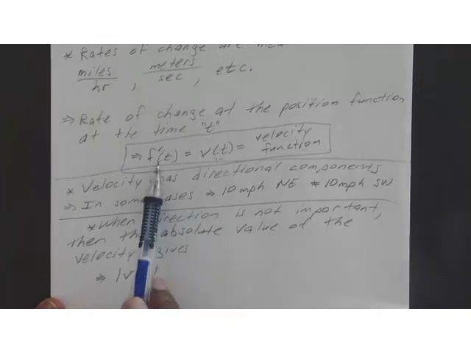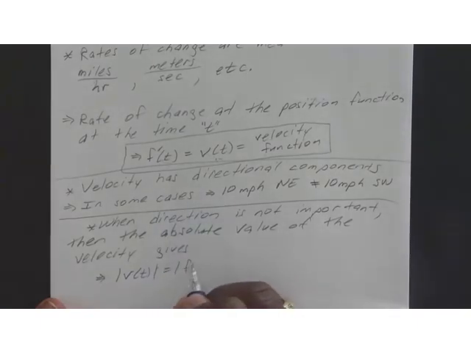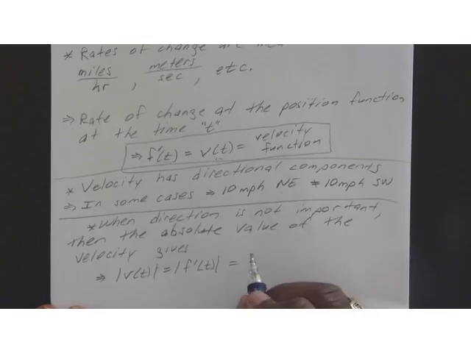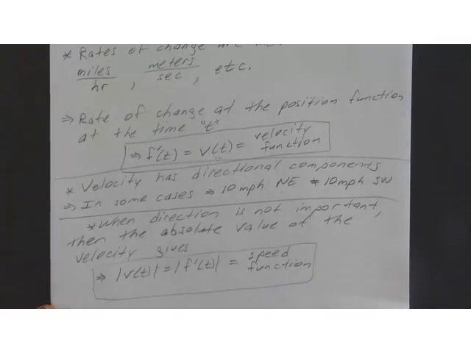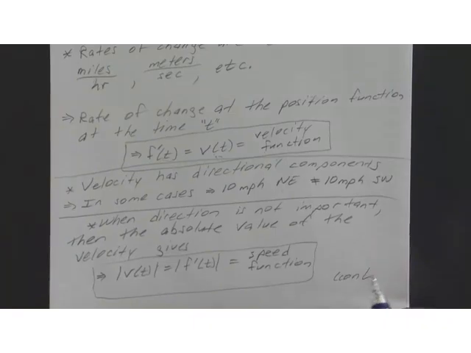And remember, that's the same thing as the absolute value of your first derivative. They're the exact same thing. So really, it's just a matter of notation preference. Both of those we call our speed function. And we'll finish up on the next page.